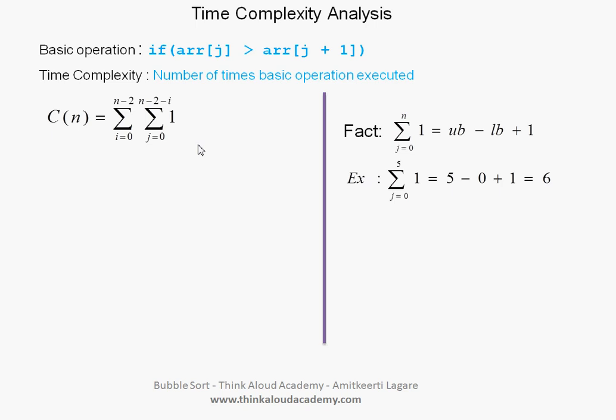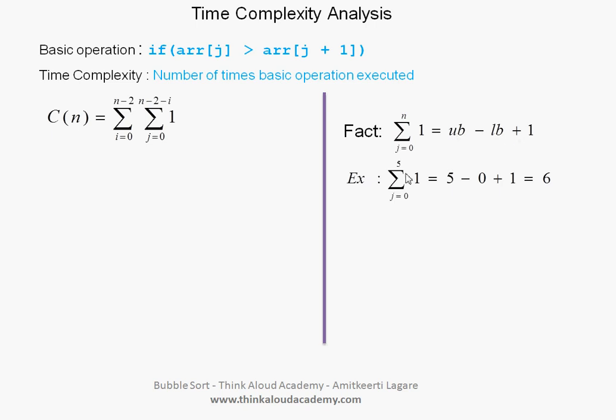Now we know for a fact that sigma j is equal to 0 to n of 1 can be written as upper bound minus lower bound plus 1. In this case, upper bound is n and the lower bound is 0. So we can write sigma j is equal to 0 to n of 1 as n minus 0 plus 1.